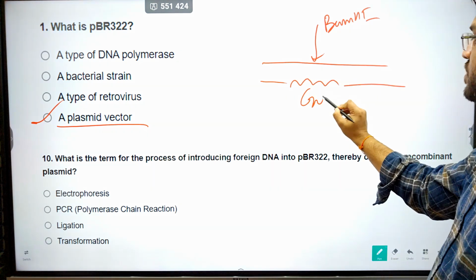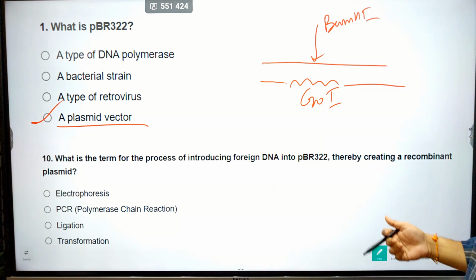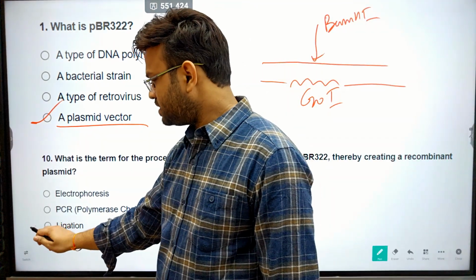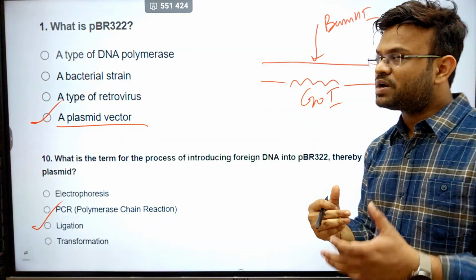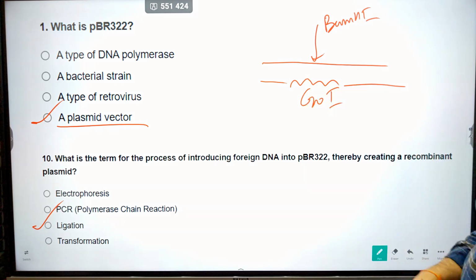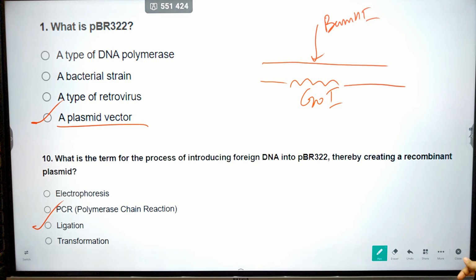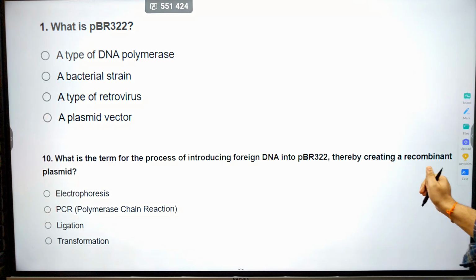This is your gene of interest. So what is this process called? This process is called ligation. That means you are ligating your gene of interest inside your plasmid. This is called ligation. So I hope this is clear. Now let us move on to the next slide.